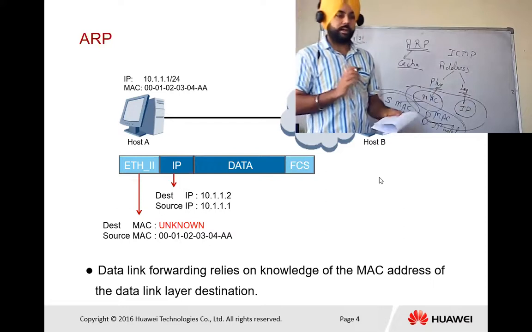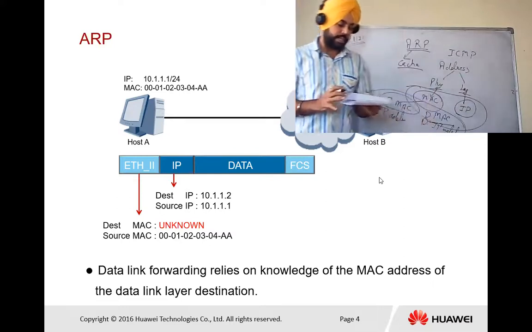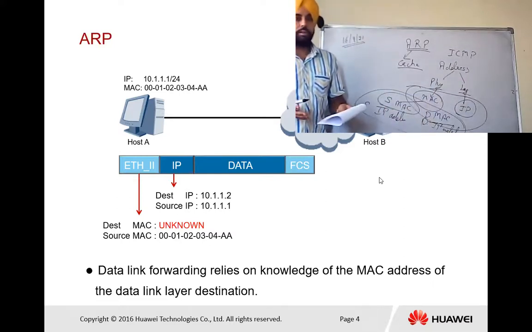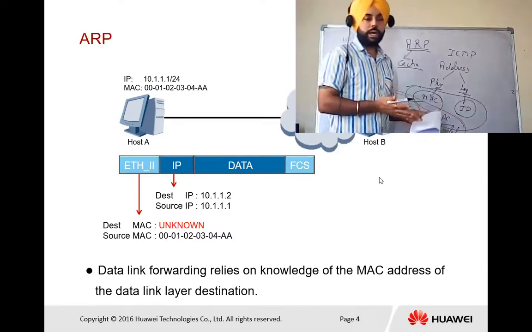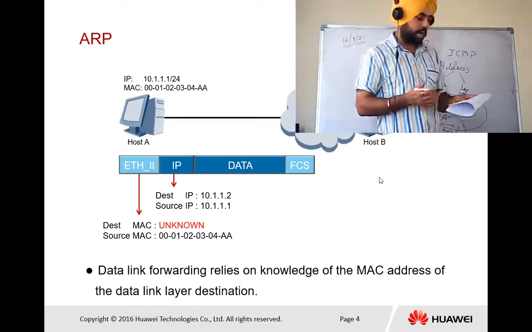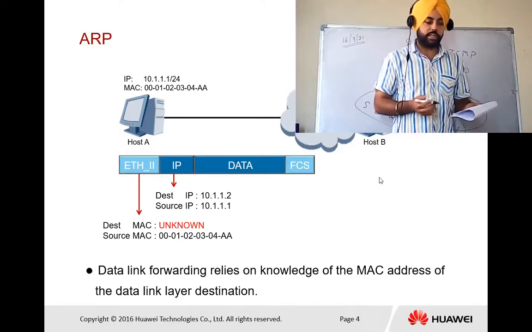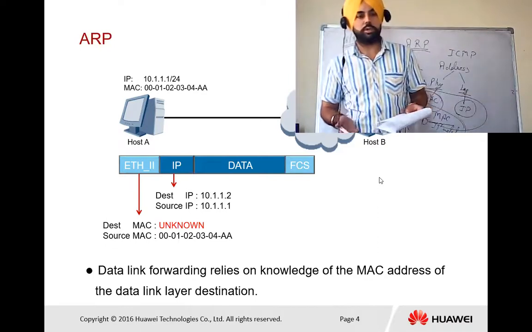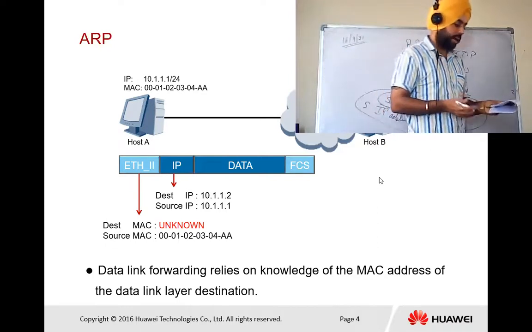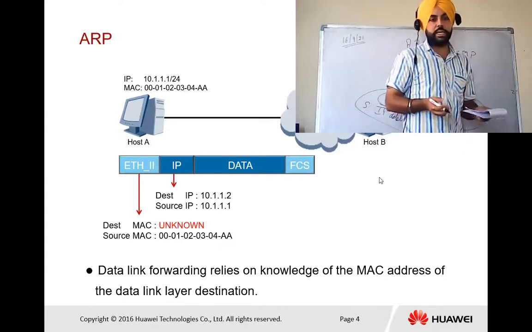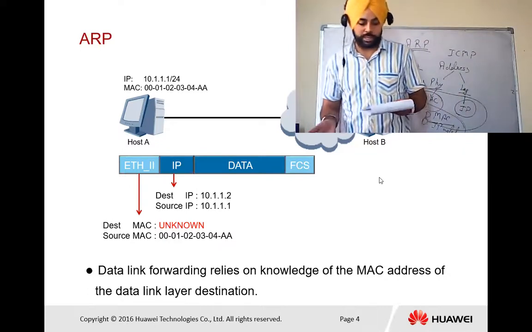Here in the diagram, we don't have the destination MAC address. That means, how will host A get to know the MAC address of host B? First, it will broadcast the packet to all the network.